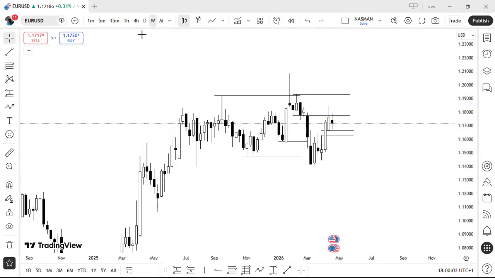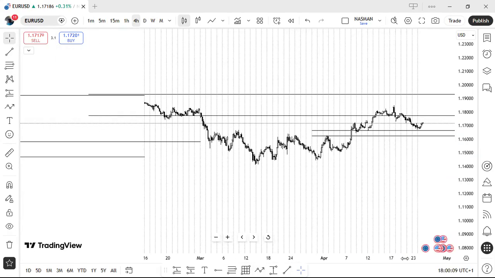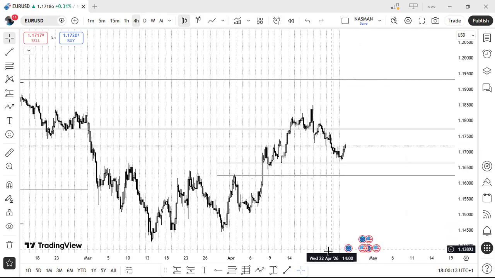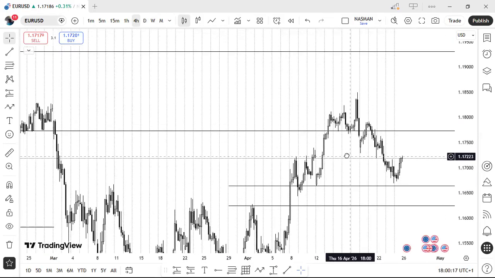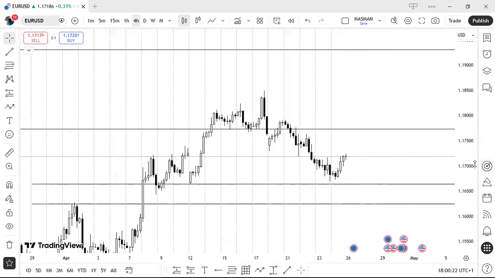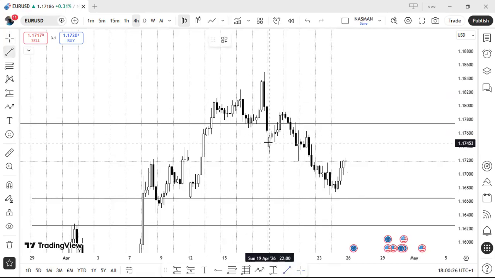So if I go to a lower time frame from the weekly time frame, I'll go to something like the 4-hour time frame. We can see the reaction of price within the weekly order block in the previous week. So we can see that price gave a reversal signature. That is a change of character here. This is a change of character.